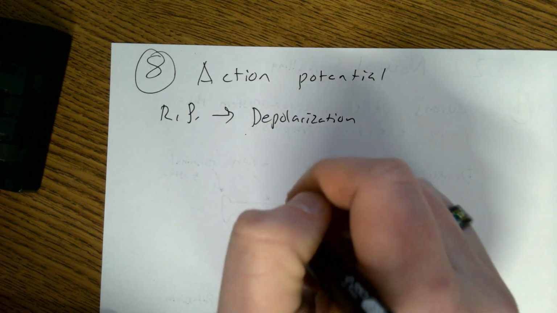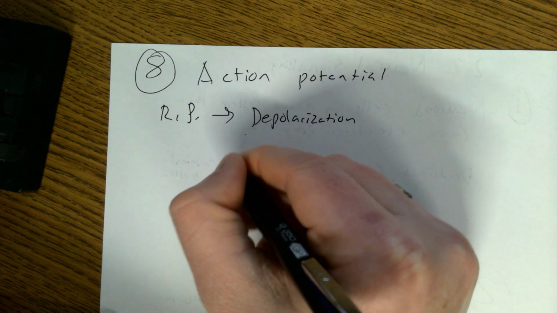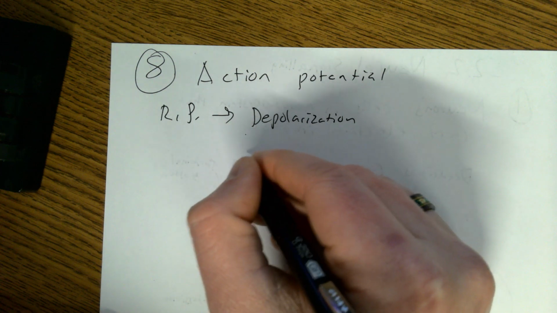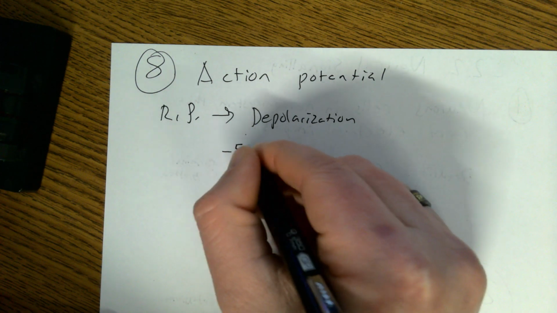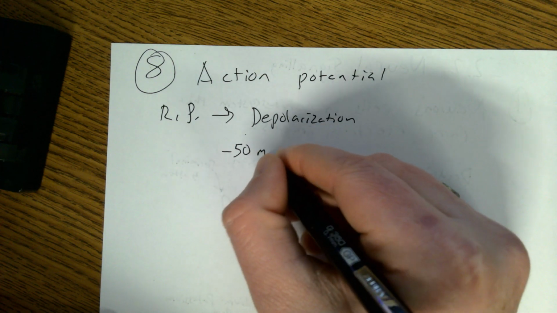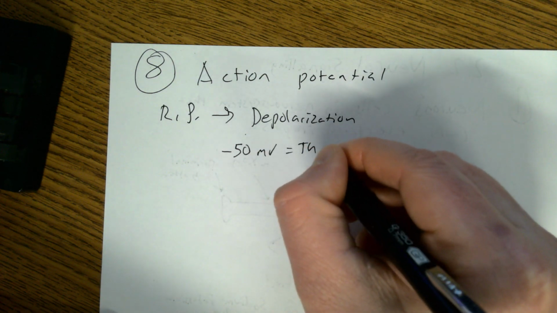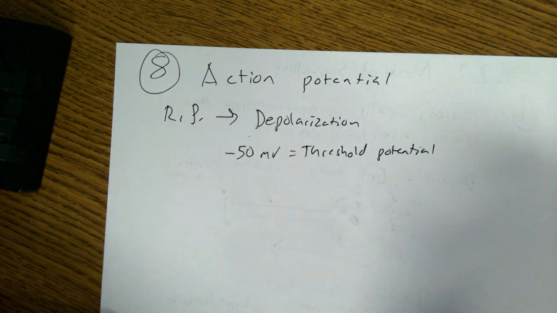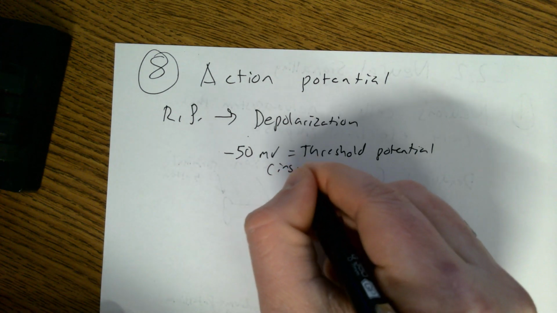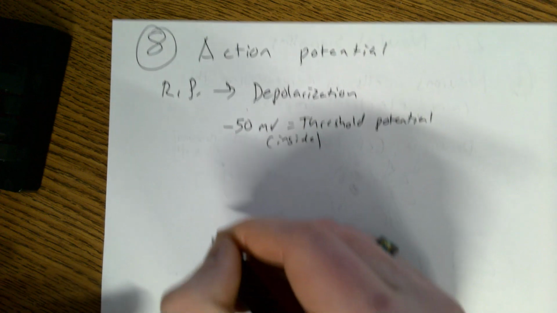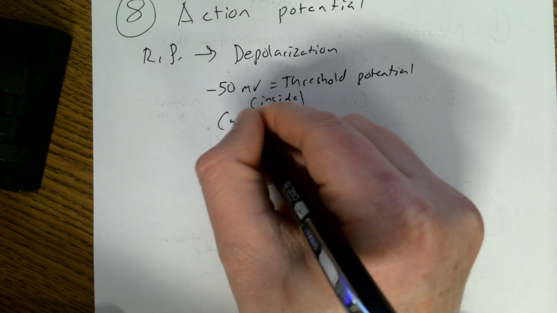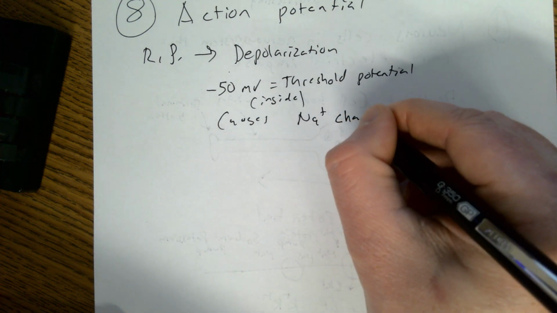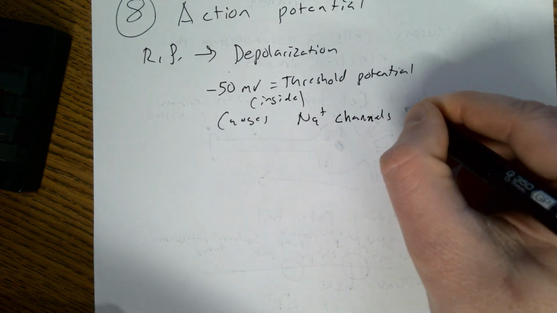In depolarization, something causes your voltage to approach what we call threshold potential, which is around negative 50 millivolts. When the inside of the membrane reaches negative 50 millivolts, this causes the sodium ion channels to open because they are voltage gated.